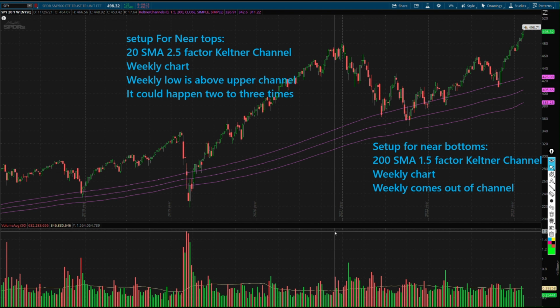Whenever the weekly price comes out of this channel, that is the buy point. Sometimes we have one buy point, sometimes we have more than one. Anything works as long as you start with the first buy point and portion out.